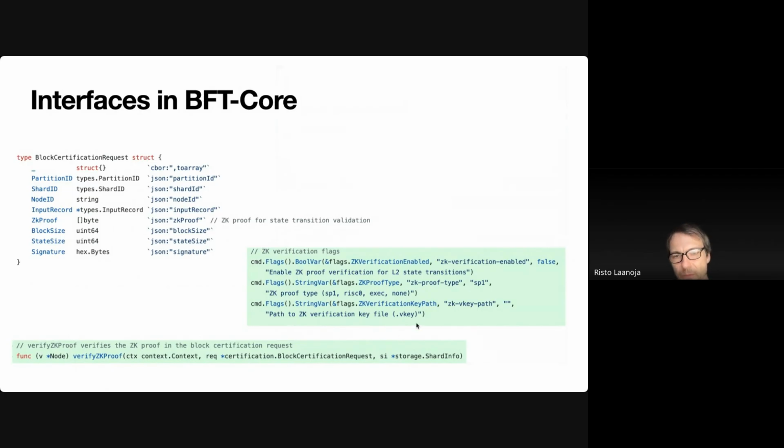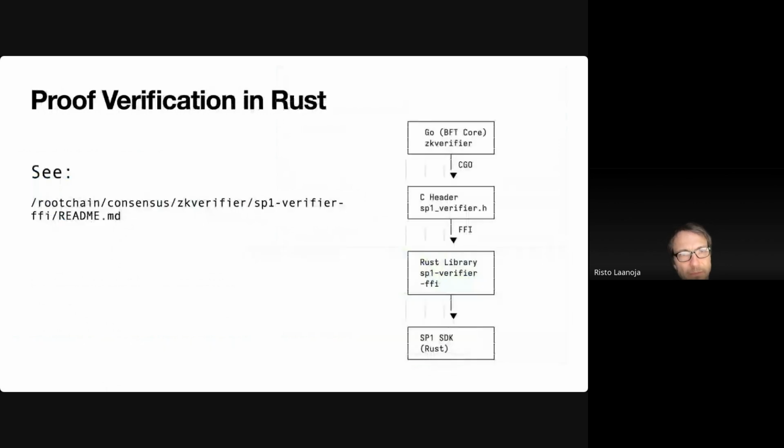So we have to manually extract this proof and copy it to the validator at the BFT core side. And it was not trivial to put together the actual SP1 library-based validation which can be used from a Go program. There are a couple of layers in between. And that's all.